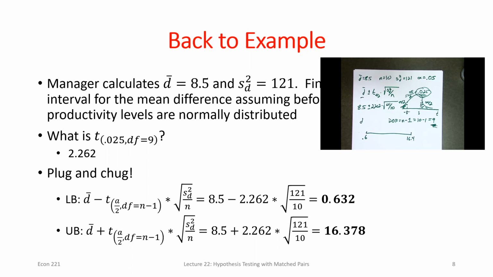Productivity went up. I'm doing after minus before, so if those are only positive values, the after productivity was on average higher, or that mean change in productivity was positive. On average, worker productivity went up.